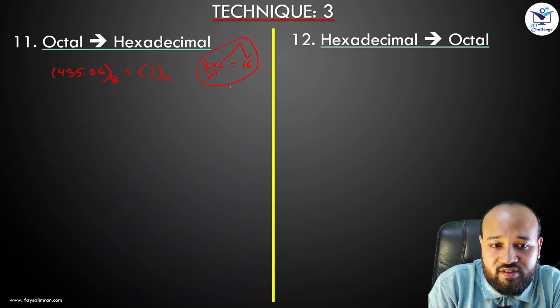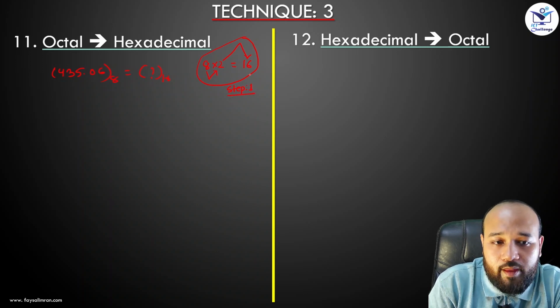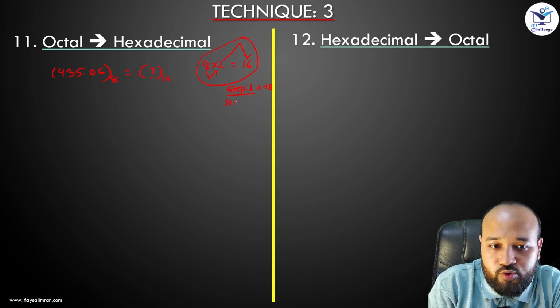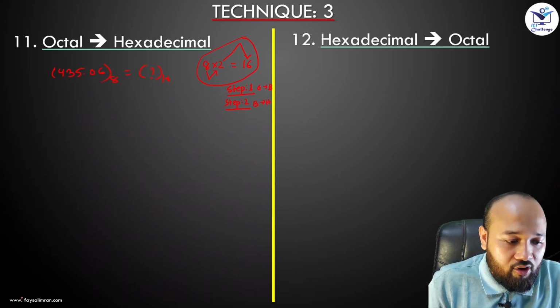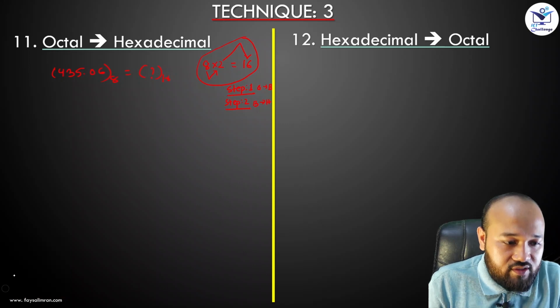So here is 2 steps. Step 1 indicates octal to binary, and step 2 will represent binary to hexadecimal. So how can we convert each of these conversions?